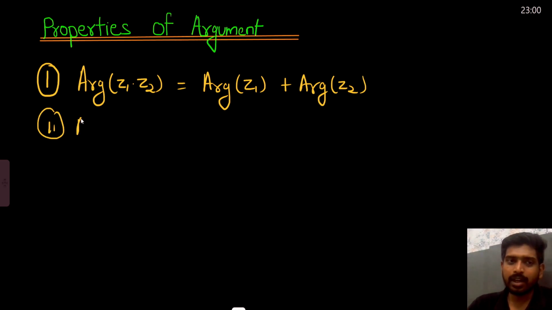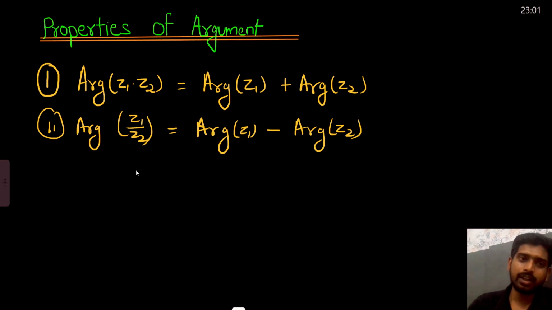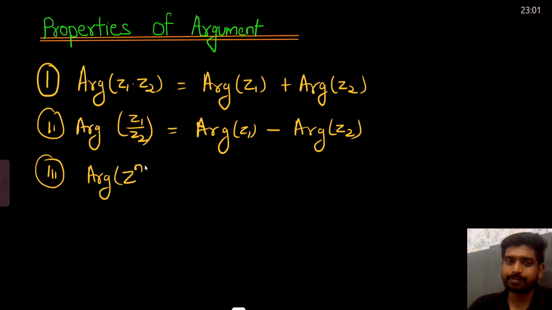If I say argument of z1 divided by z2, this is equal to argument of z1 minus argument of z2.